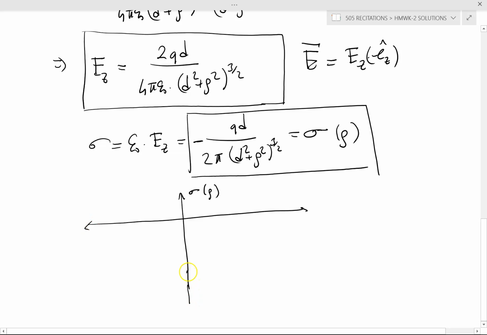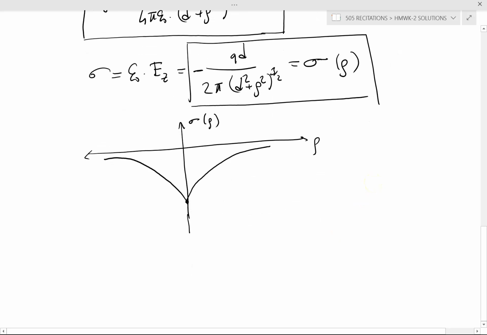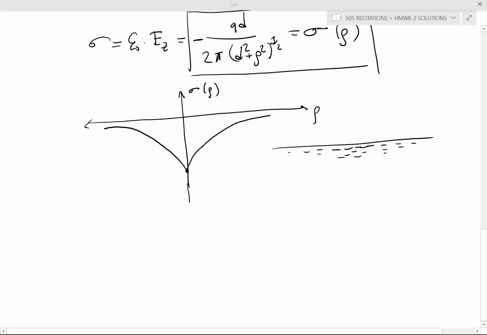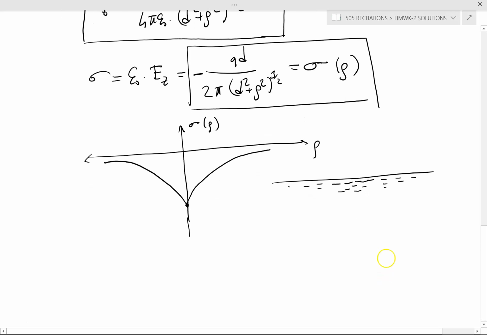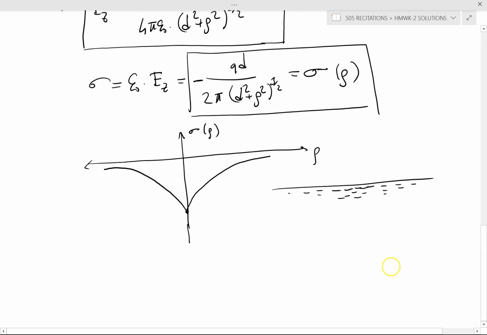It will be highly accumulated over here, and it will be symmetrical with respect to rho equals 0. One goes as follows, and the other goes as follows. That's the surface charge density distribution. So it is much denser over here, and then goes like this. Nice. Of course, all of the charges are at the very surface of the conductor. It's just to highlight the intensities with respect to rho.